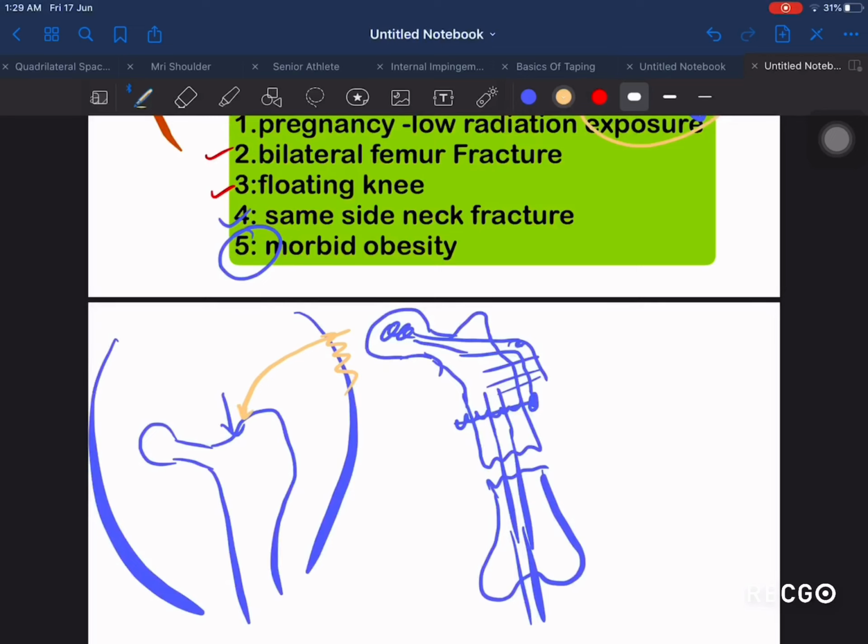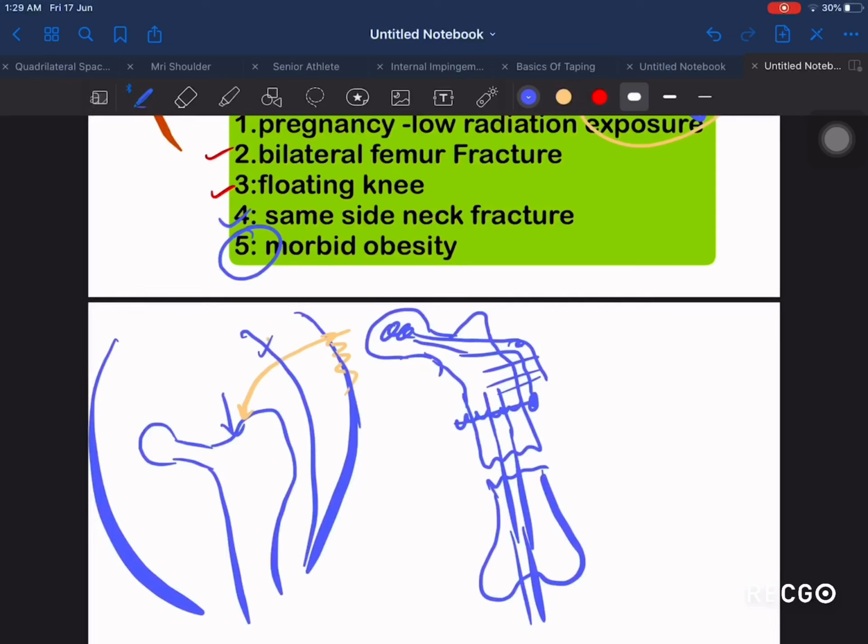Now if the usual thin patient has skin lying over at this place, a more obese patient has this much, so the surgeon will struggle more. So better to go with the retrograde femoral nail, go with the distal femur side.